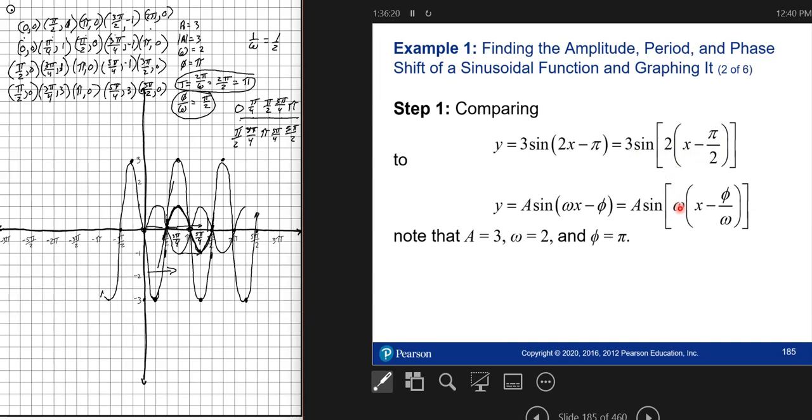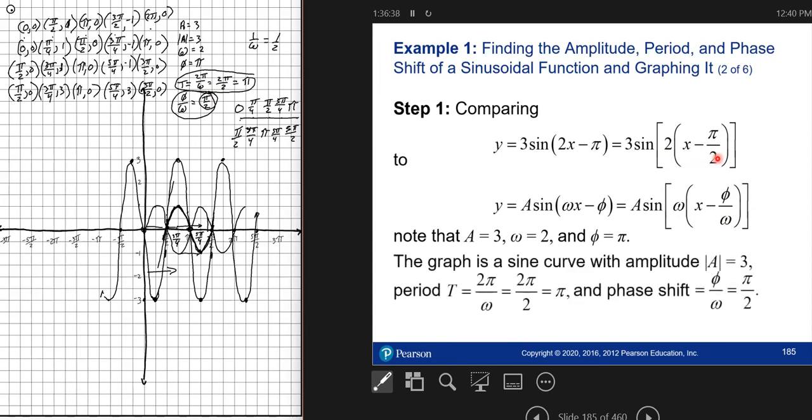So omega's out here, and then phi over omega is right here, which is what we got for the phase shift, pi halves. Okay. So the amplitude is 3, the period was pi, and the phase shift is pi over 2.